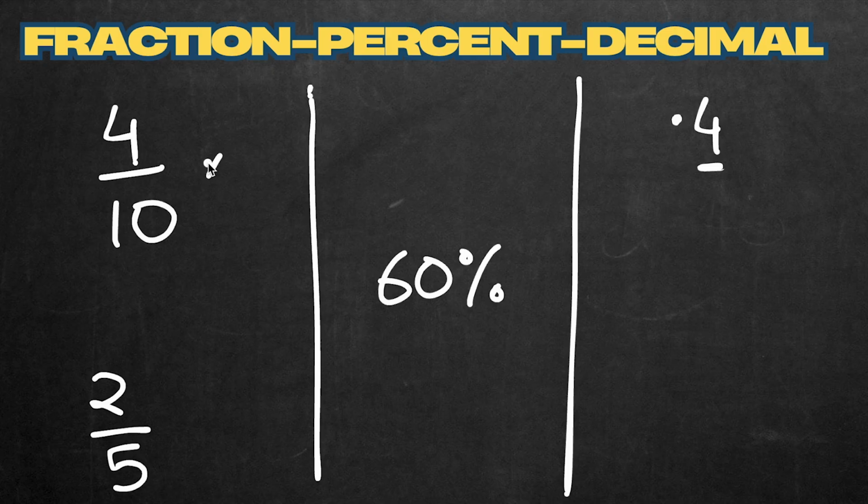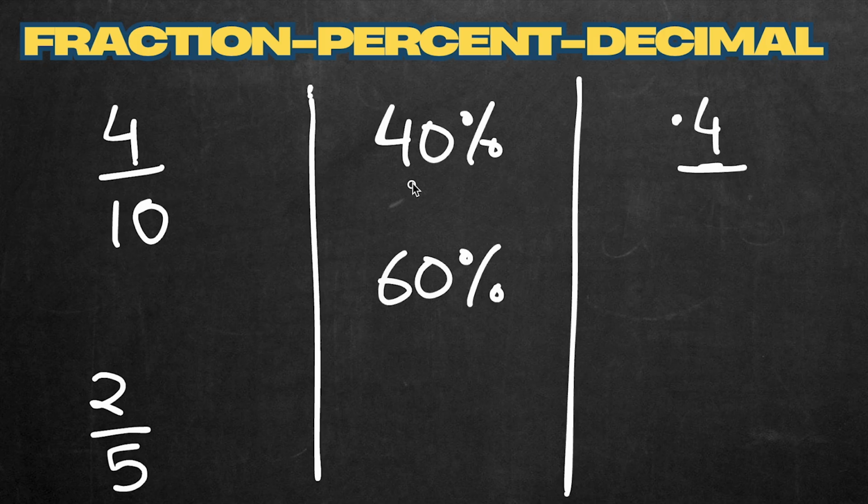So if you multiply it by 100, 10 can cancel 10, and 4 times 10 will be 40%. Yeah, and let's take this away from here so it does not confuse us. So 0.4 as a percent can be written as 40%, or as a fraction can be written as 4/10. Cool. Let's move on to the next one.